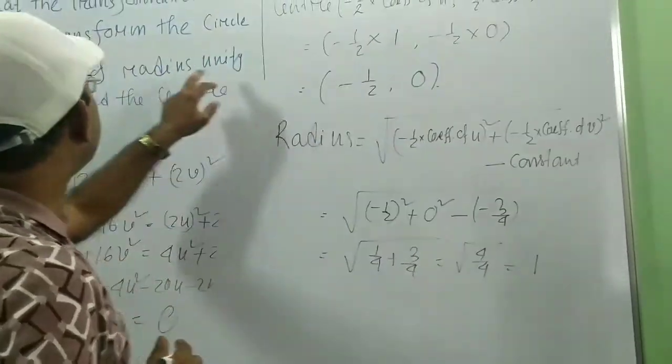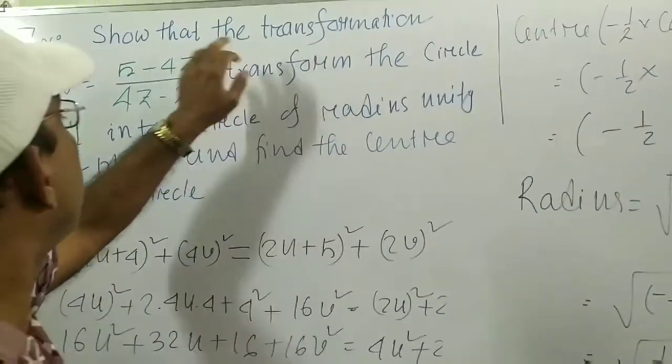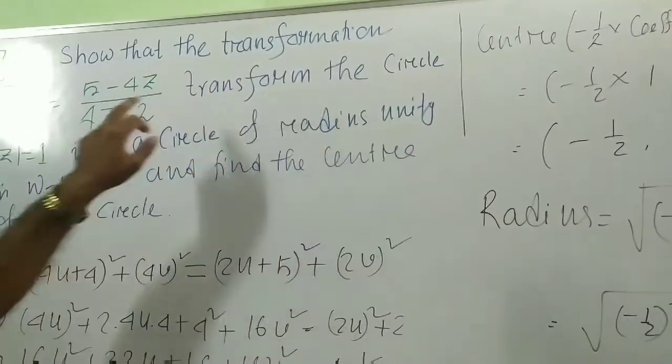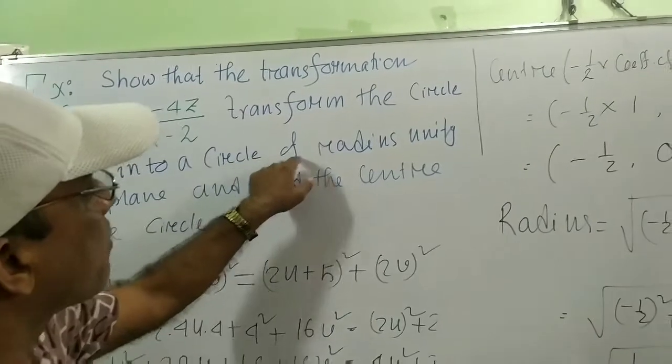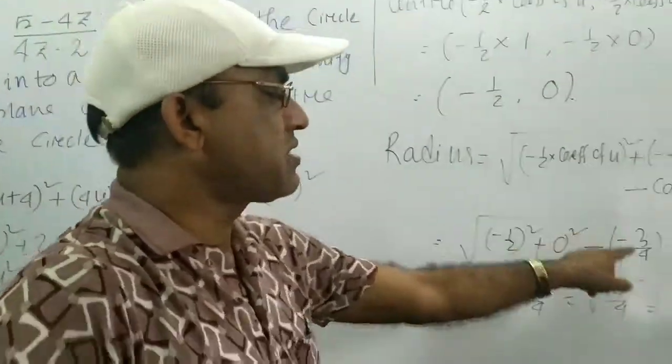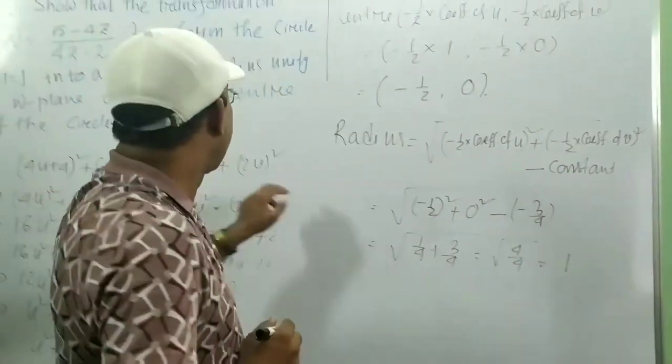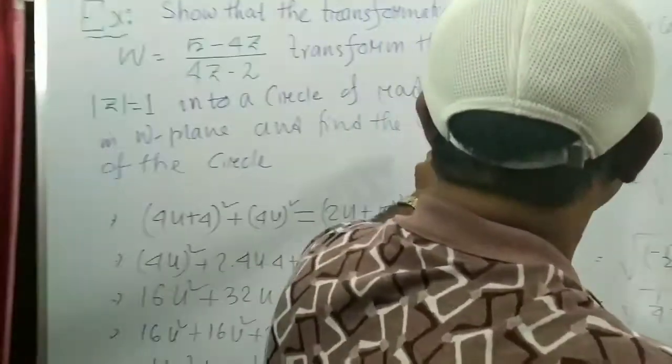The problem was to show that the circle transforms into a circle of radius unity, and to find the center. Unity means 1. We got radius 1, and the center is minus half, 0.